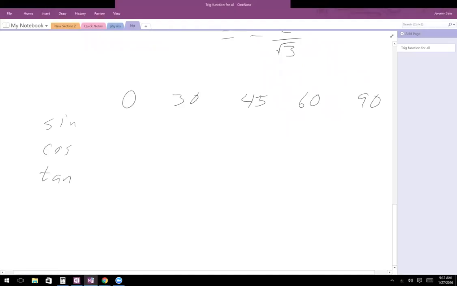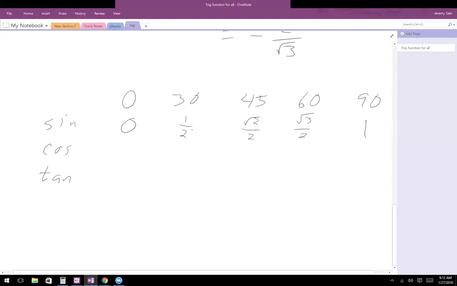You don't actually have to learn tangent because you can divide sine by cosine to get tangent. Okay, so 0, 1 over 2. This is root 2 over 2. This is root 3 over 2. And if you want to keep the pattern going, well, 90 is 1, but you could think, hey, that's root 4 over 2.